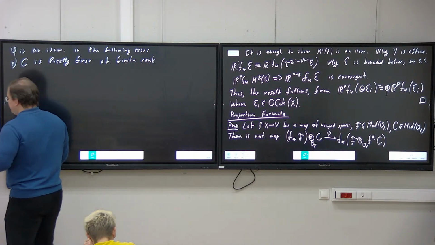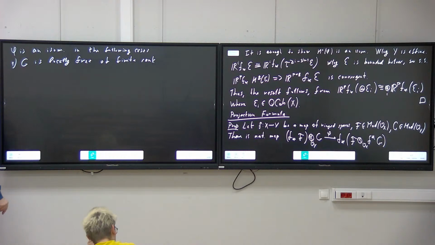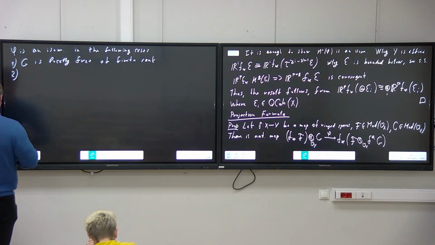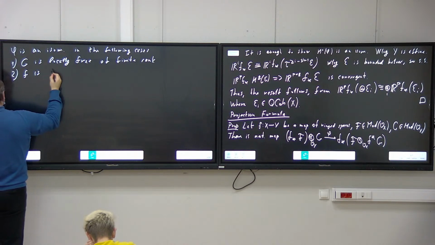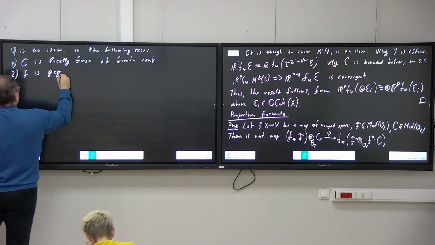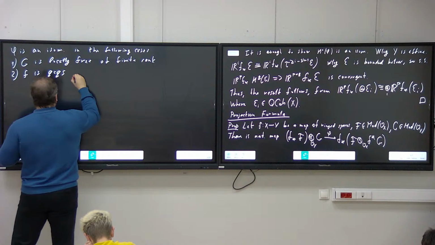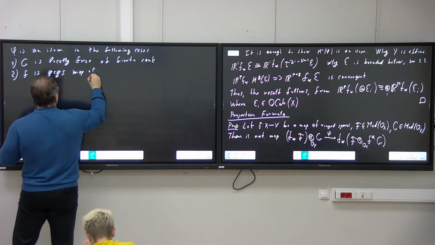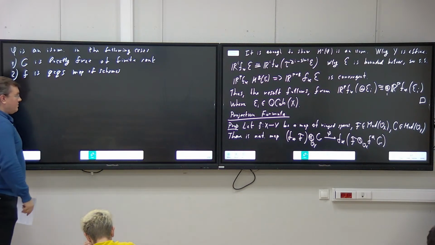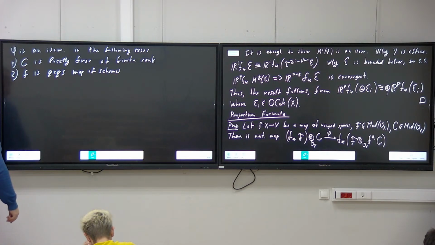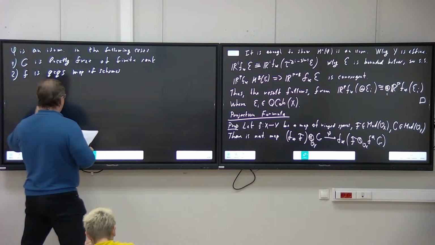This is usually the case that is proved in most textbooks in algebraic geometry. But for us, the second case is a little bit more interesting: f is a quasi-compact, quasi-separated map of schemes. So I assume, of course, that X and Y in case 2 are schemes, and this is a very special map of schemes.